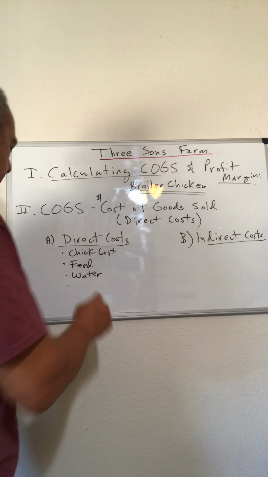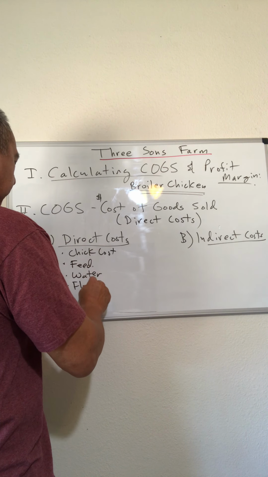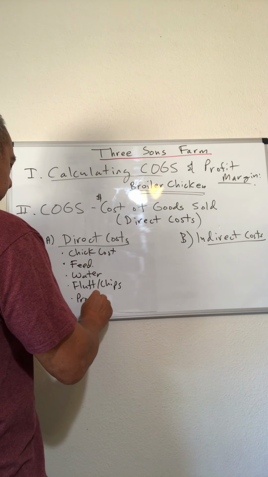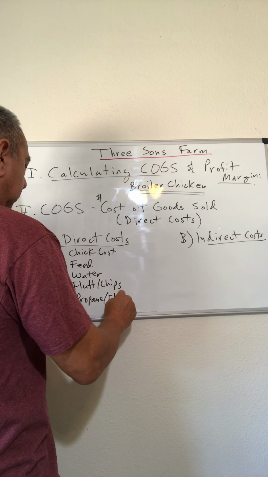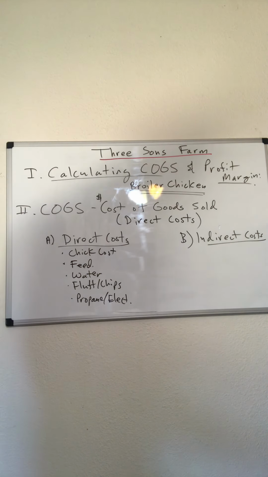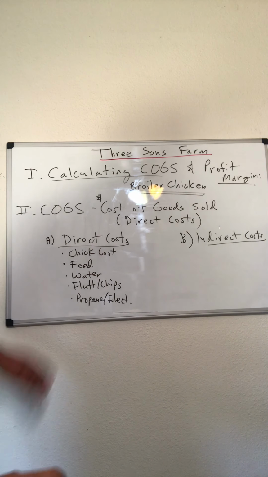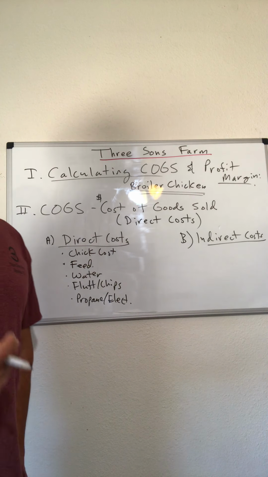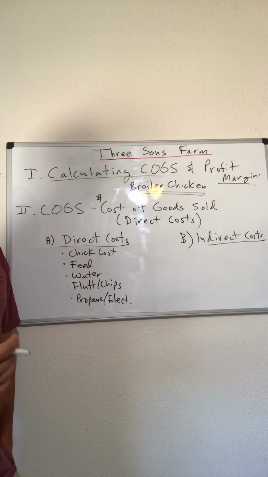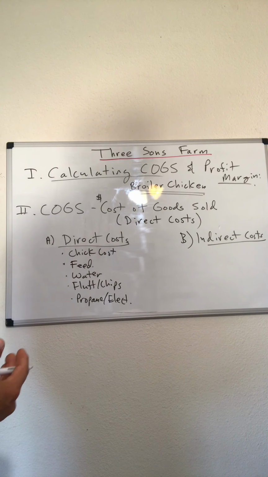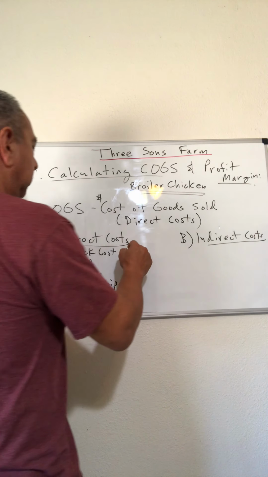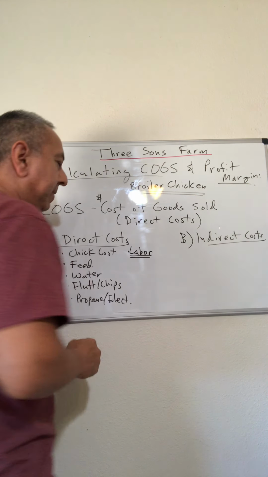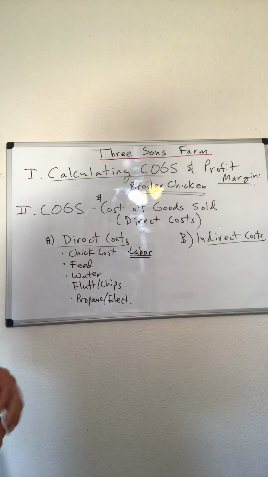For brooding, if you use fluff or chips, and if you use propane heaters or electricity, and then you can add other things in there as well. But the one thing that I want to stress, and this is left out of COGS a lot, maybe too much, and that is always include your labor, because that's part of the COGS calculation.